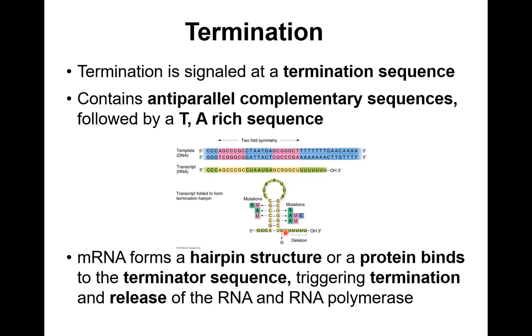This also causes the release of the RNA polymerase and therefore the termination of transcription. So this causes the release of the RNA molecule and the release of the RNA polymerase as a consequence of the formation of this hairpin and the weak bond between the uracil and adenine right after.